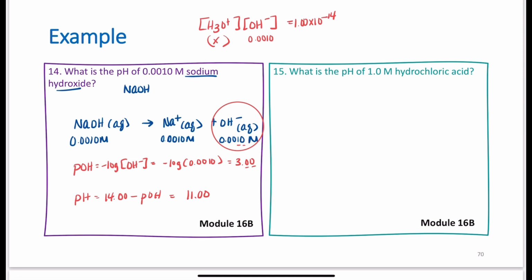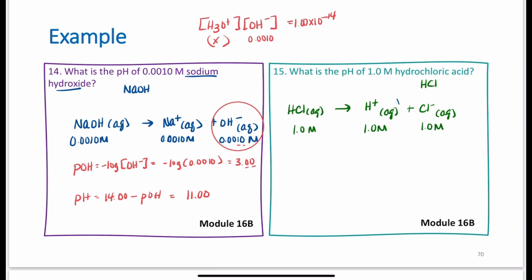What is the pH of a 0.1 molar hydrochloric acid solution? Hydrochloric acid, HCl, is our strong acid. So I know it's going to dissociate 100%. HCl breaks up into H plus ions and Cl minus ions. If I had 1 molar HCl, that means I have 1 molar H plus and 1 molar chloride.